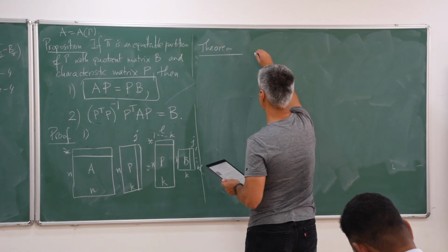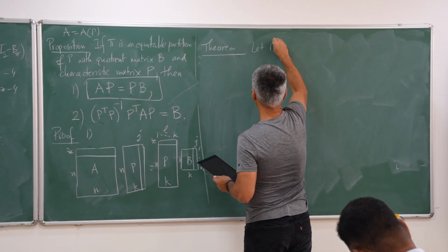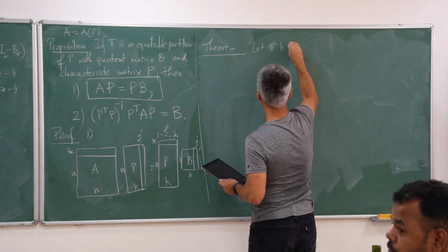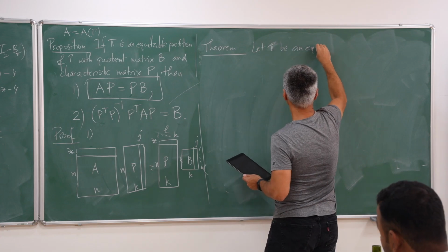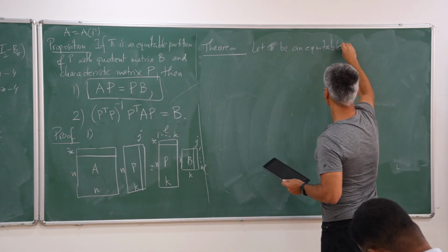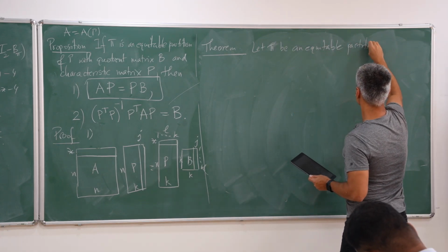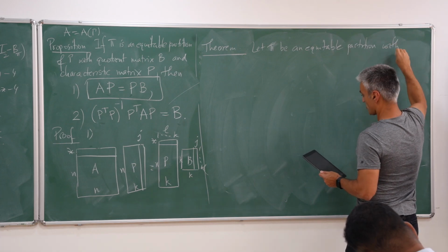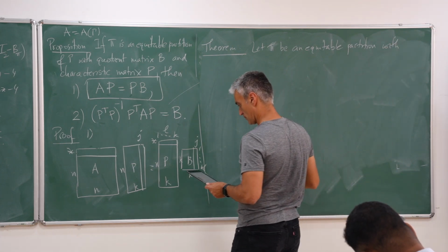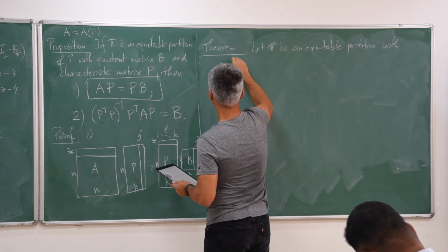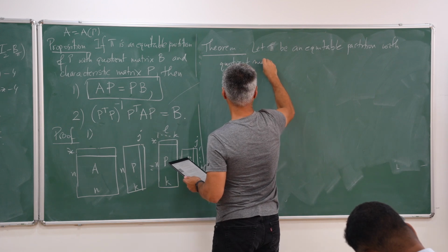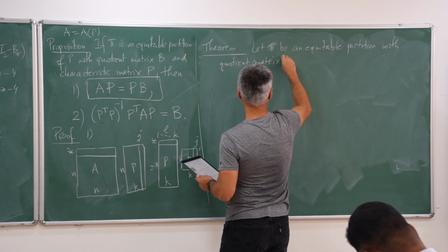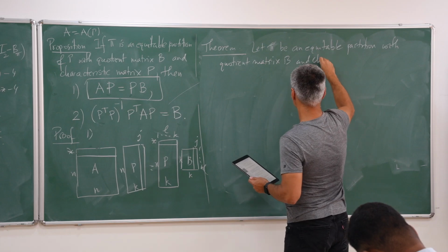Same as before, let pi be an equitable partition with quotient matrix B and characteristic matrix P.